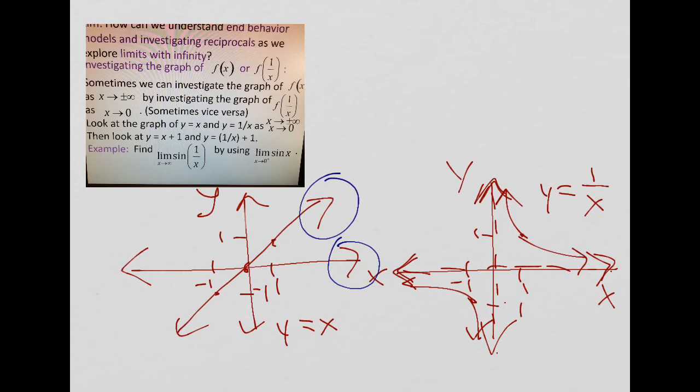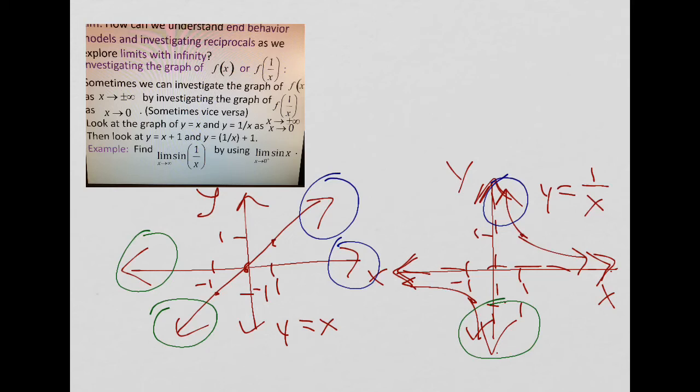So as x approaches 0 from the right, it's positive infinity. Now let me do a different color here. As x is approaching negative infinity for y equals x, you can see how it keeps going down, so that's negative infinity. So the limit of 1 over x as x approaches 0 from the left is negative infinity. So they tie in together.